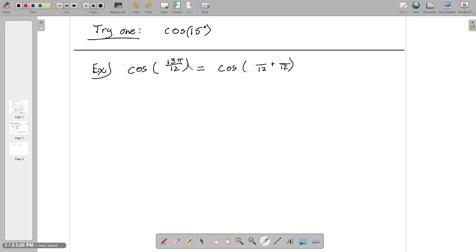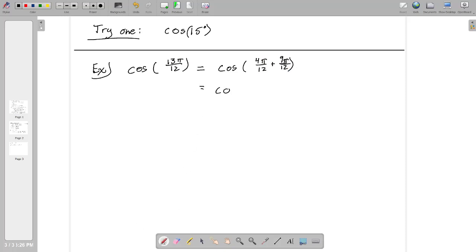What you want is two numbers that add up to 13 pi, but those numbers also simplify with 12. So for instance, we can do 4 pi and 9 pi. Now, 4 plus 9 is 13 pi, 4 reduces with 12, and 9 reduces with 12. So we get numbers that are on the unit circle now.